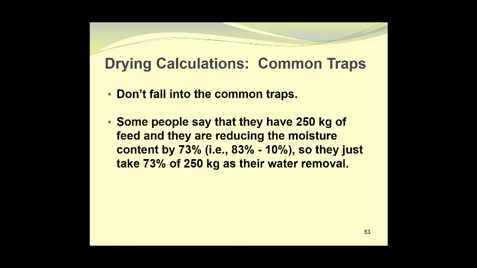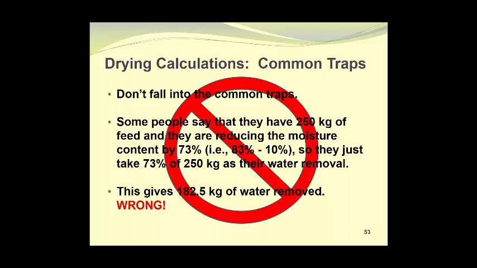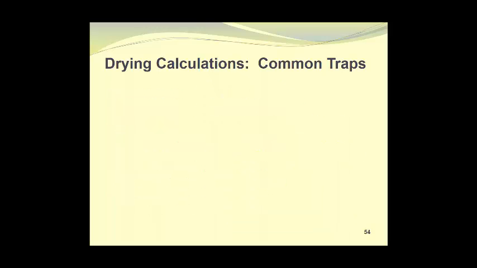They take 83% as the initial moisture content and 10% as the final moisture content, which gives them this value of 73%. So they just take 73% of the 250 kilograms as being their water removal amount. This gives 182.5 kilograms of water being removed, which is totally wrong. So please do not fall into this trap.